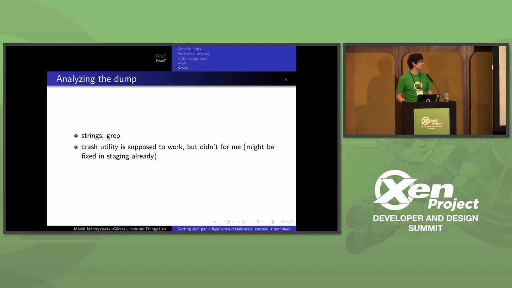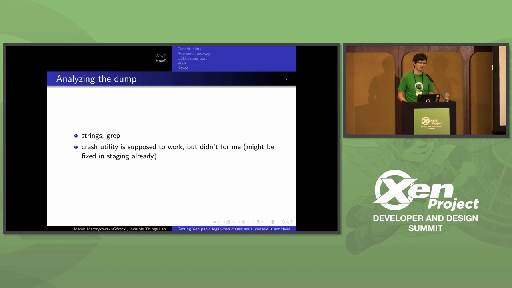In theory, there is a crash utility that is supposed to deal with this memory dump and extract messages, looking at the actual location based on the symbols in Xen. It did not work for me at all.